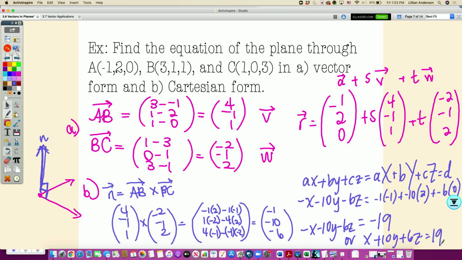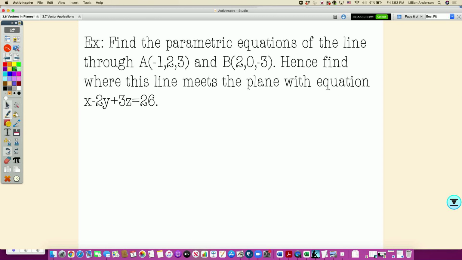Another example. We're going to find the parametric equation. So we'll hit all three different equation forms that we've talked about, of a line that goes through A and B, and then we're going to figure out where this line actually intersects with the plane that has that respective equation.